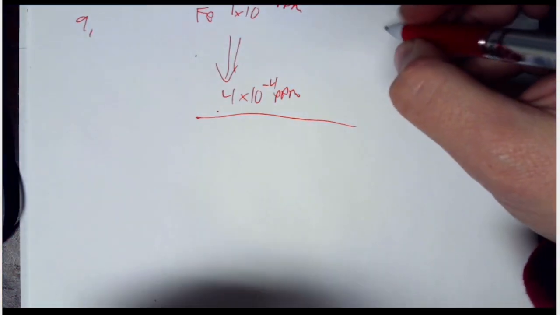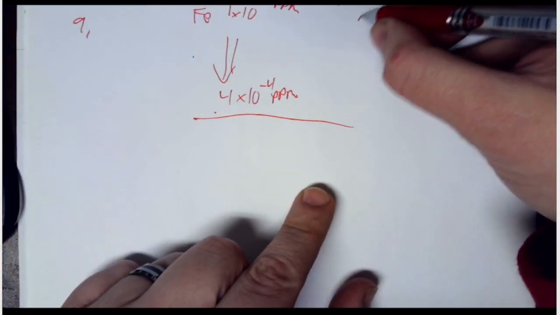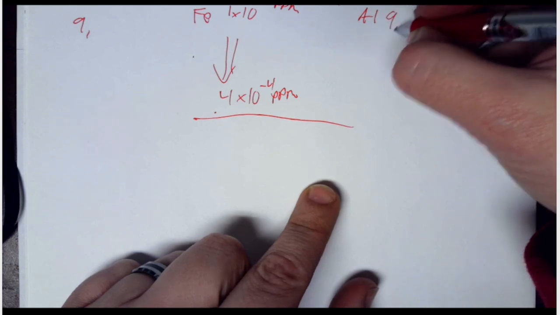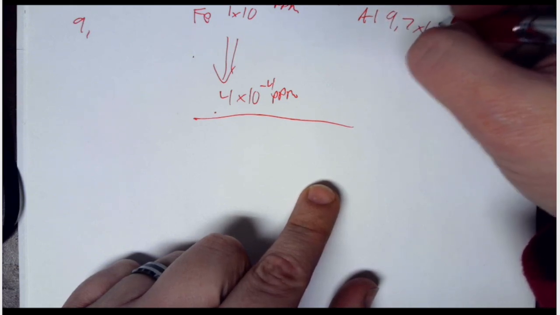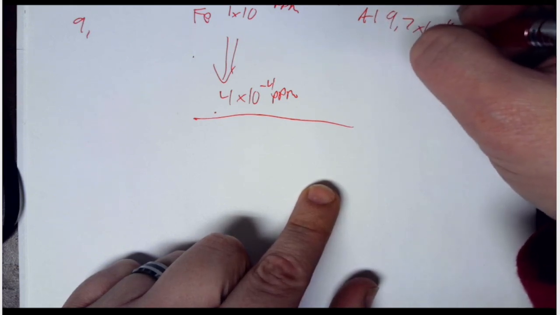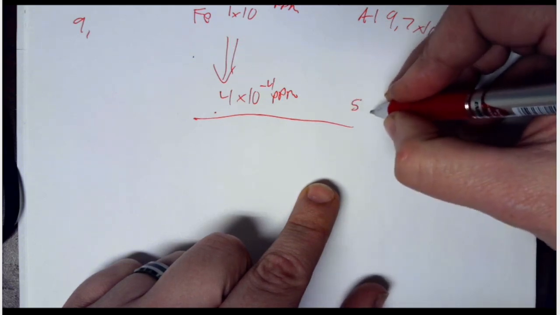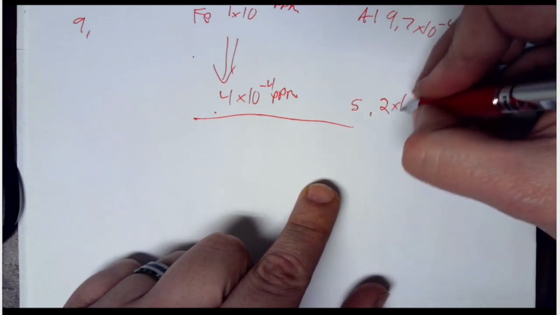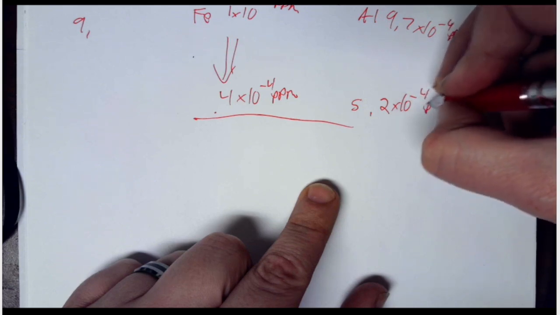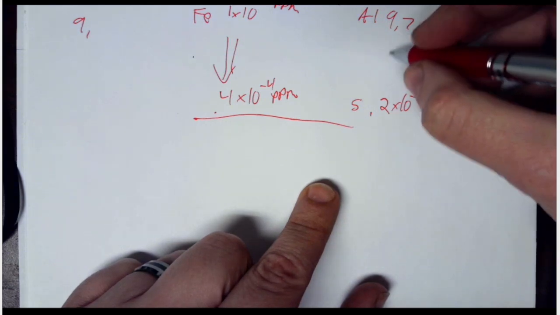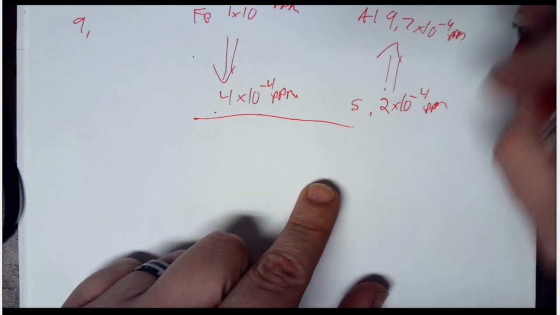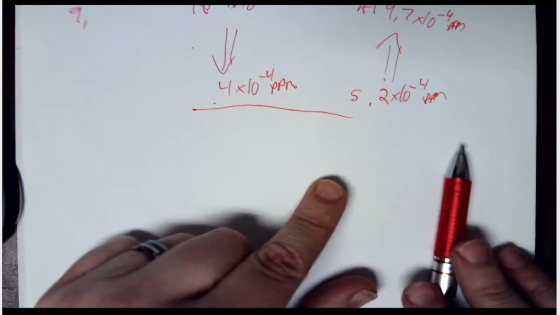Now, aluminum is 9.7 times 10 to the -4th ppm at the top, and 5.2 times 10 to the -4th ppm at the bottom. So it's increasing going up and decreasing going down.